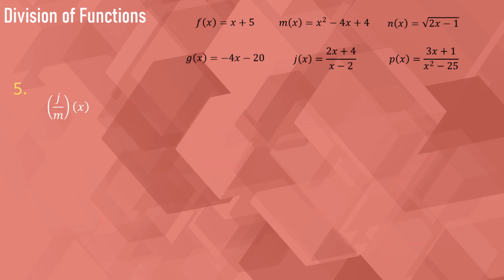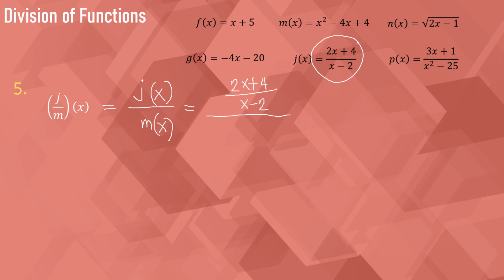Okay? Now the next function, g over m of x, is equal to j of x over m of x. So dito, j of x is a rational function, (2x plus 4) over (x minus 2), divided by m of x, that is a quadratic function, x squared minus 4x plus 4.